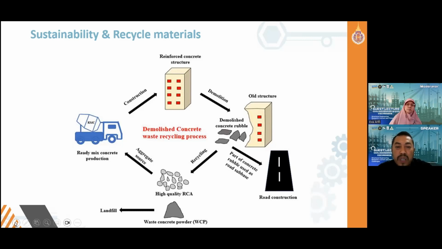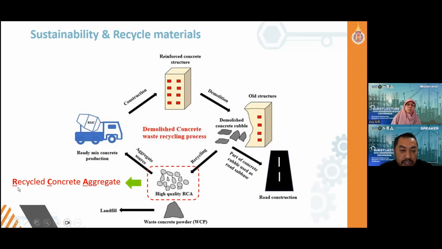Of course, maybe some properties are not really good, so we need to design and put in a safety margin in terms of safety factor. To do that, you need to do some research, some beam tests, some column tests, things like that. So we call it RCA, recycled concrete aggregates.